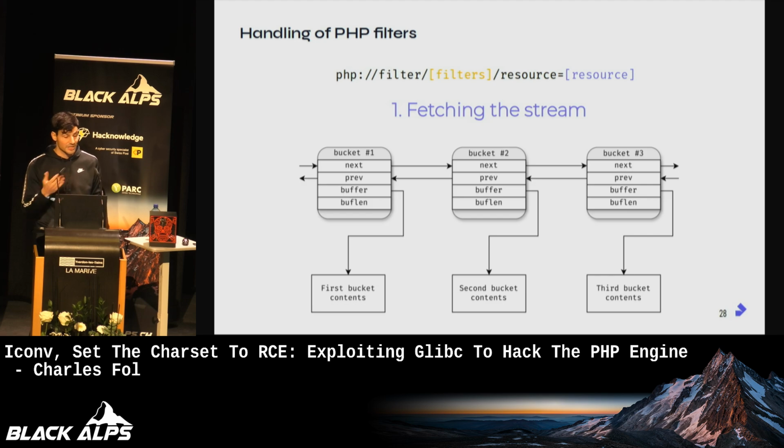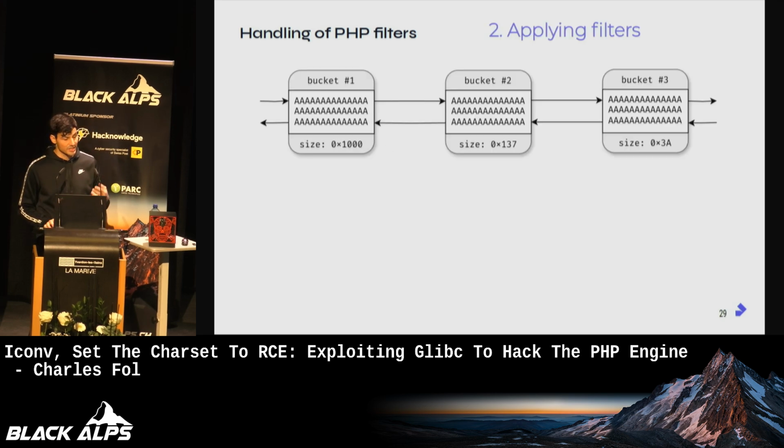For instance, if I ask it to read etc password, it may allocate a first bucket that contains the first 5 bytes of etc password, then another bucket that stores, I don't know, 10 more bytes, and then a third bucket that stores the rest of the bytes. That's a way of representing a stream: a collection of buckets.